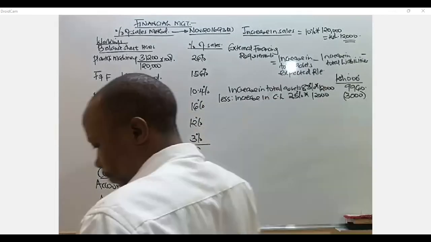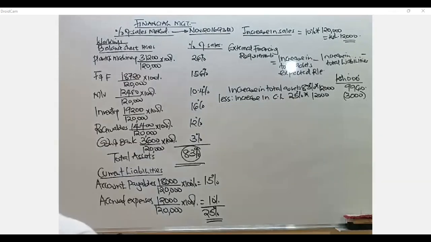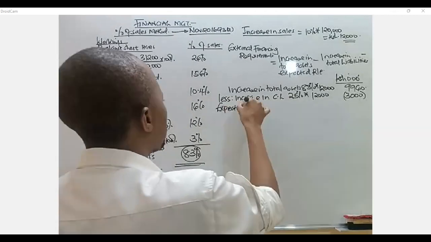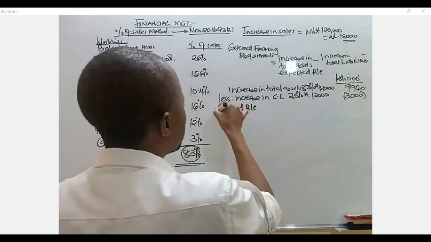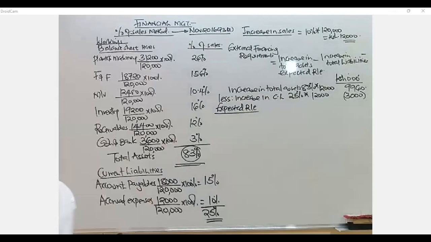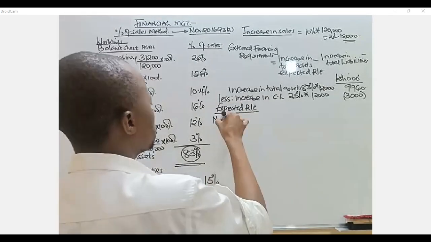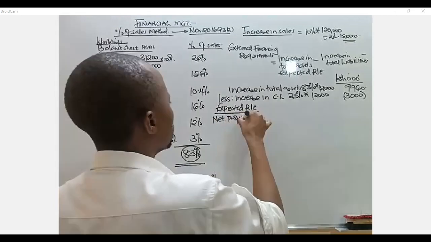Then the biggest analysis should be based on the equity aspect. Here I want to compute the expected retained earnings. I will start by computing the profit after tax, and that can only be done when I consider the formula where we use the net profit margin.